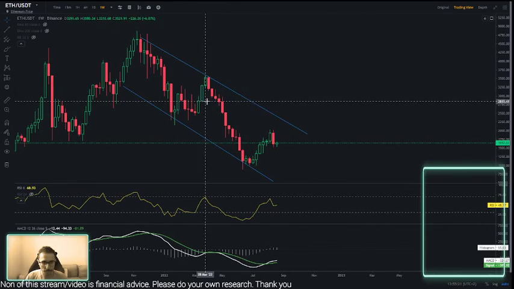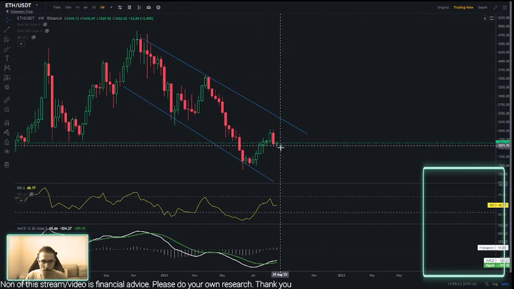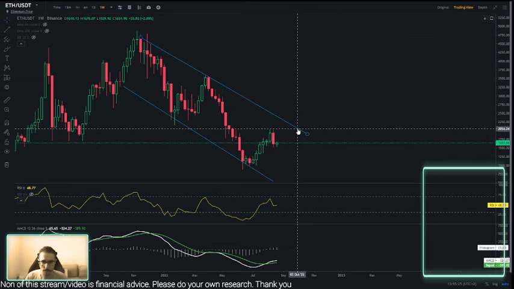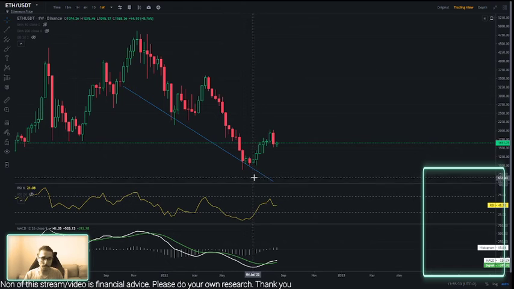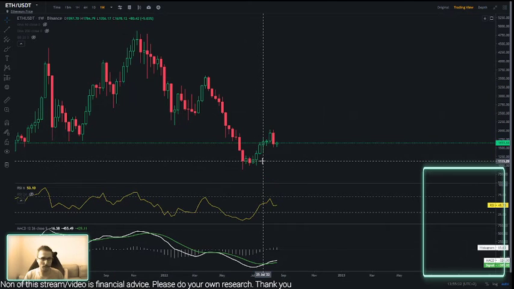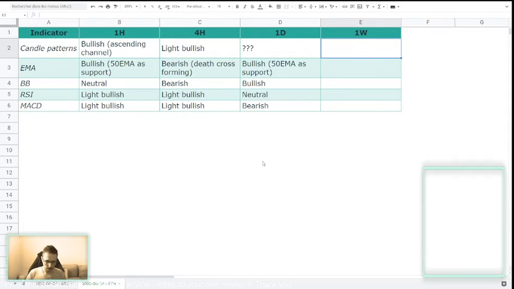Big mistake. So, this is not a good sign. We are still in a bear market. Alright, so bearish. I do hope this is okay for everyone. Bearish. Descending channel.